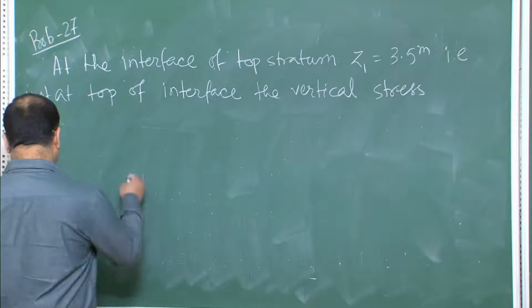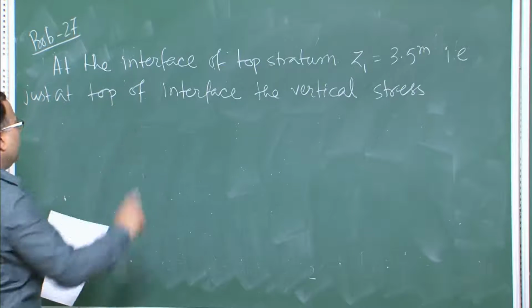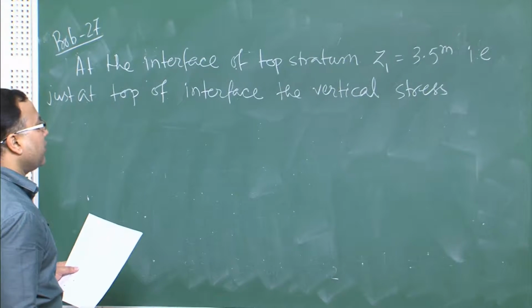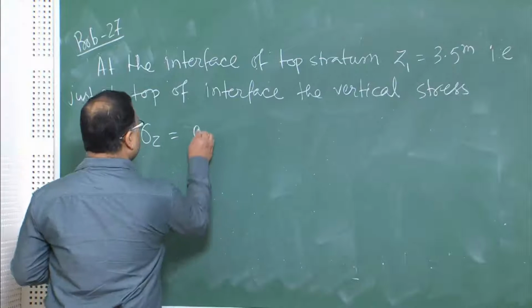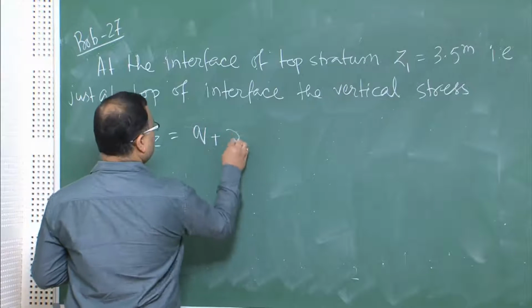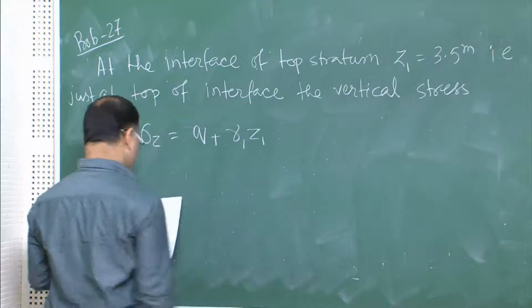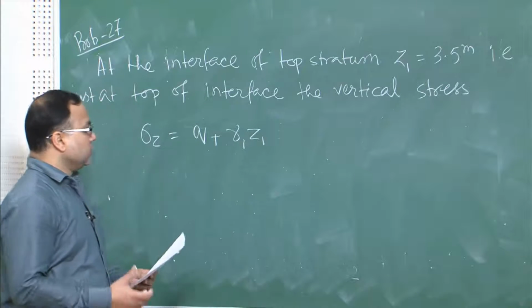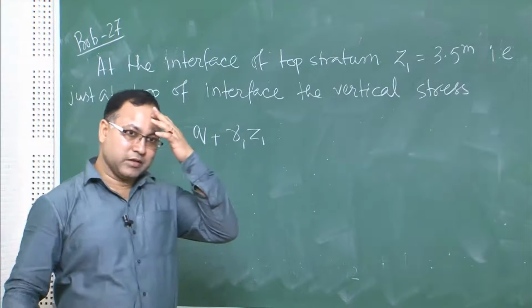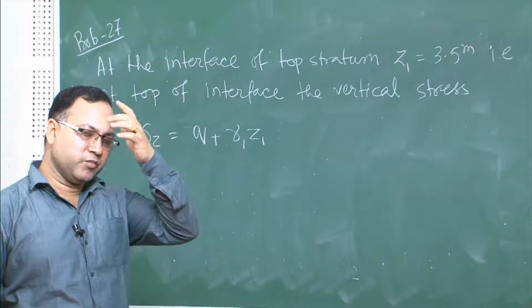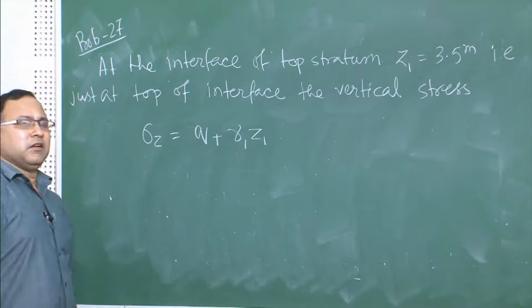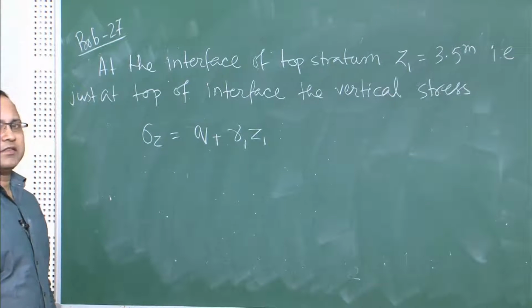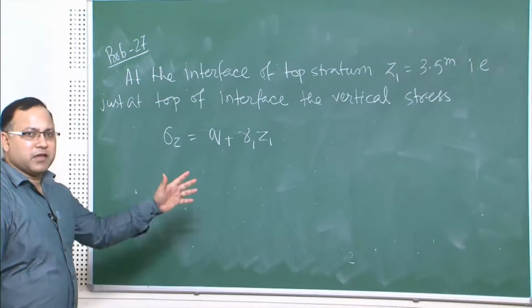So, anyway, just at top of interface the vertical stress is nothing but sigma z is equal to q plus gamma 1 z1. Okay. So, what is your gamma 1? Gamma 1 is 16.5 kilonewton per meter cube, that is given in the problem, and z1 is equal to 3.5.